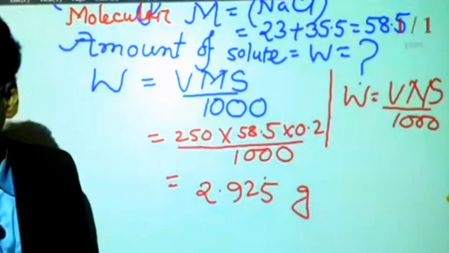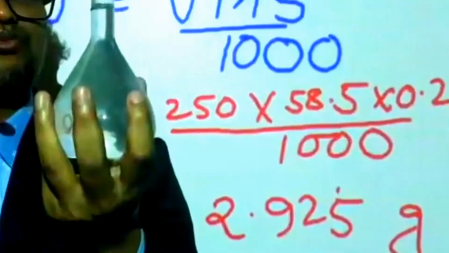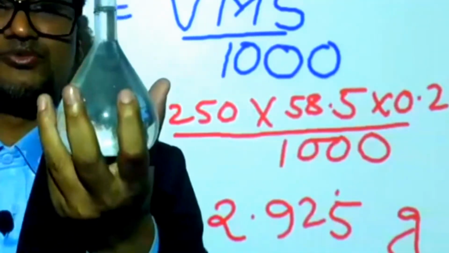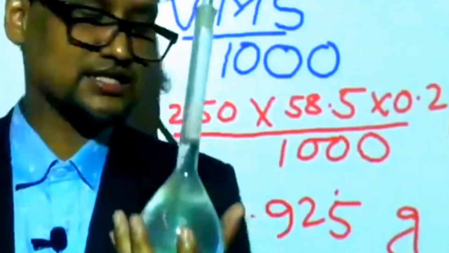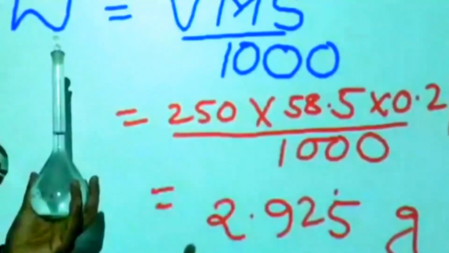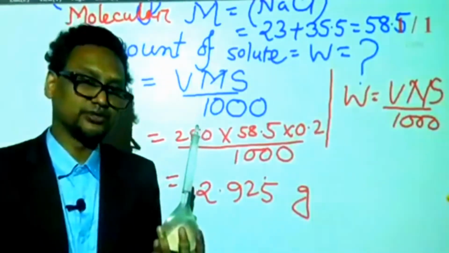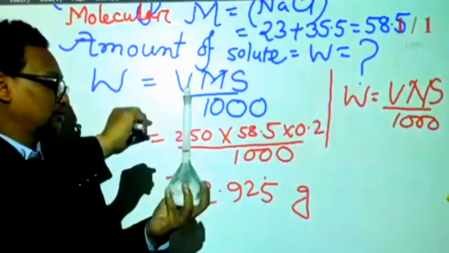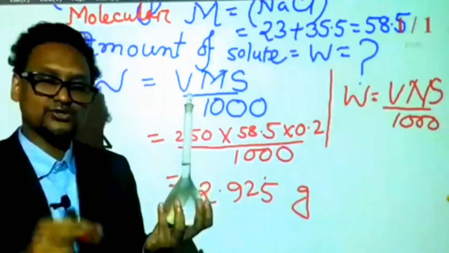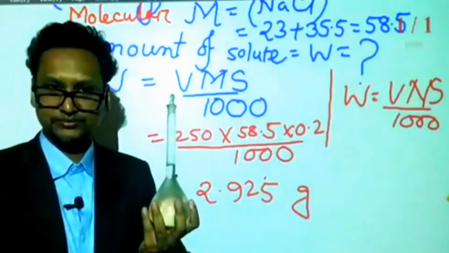At first you have to take this flask, which is a 250 milliliter volumetric flask. Here it is given: 2.925 gram. You have to take the sodium chloride, 2.925 gram, by the balance machine.